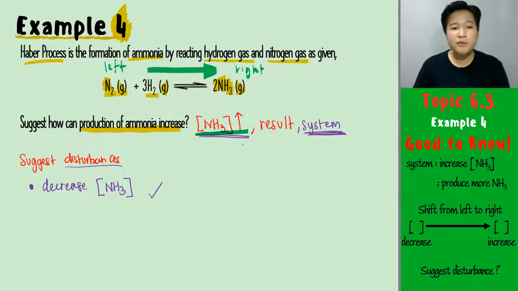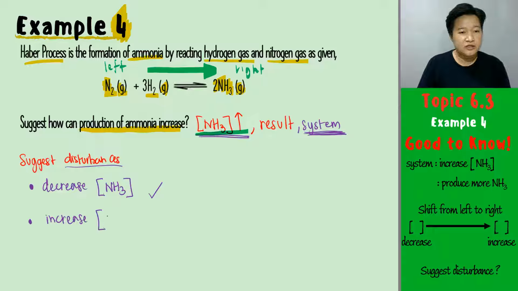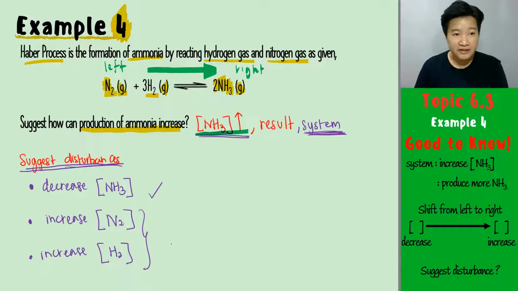Can you see that? So every single disturbance that you suggest must result in your system producing more ammonia. Okay? So the first one that I suggest, decrease the concentration of ammonia. The second is definitely increase the concentration of nitrogen gas and also increase the concentration of your hydrogen gas. Okay? So if your disturbance is increasing the concentration of nitrogen gas and hydrogen gas, what will your system do? Your system will try to decrease them. Alright?